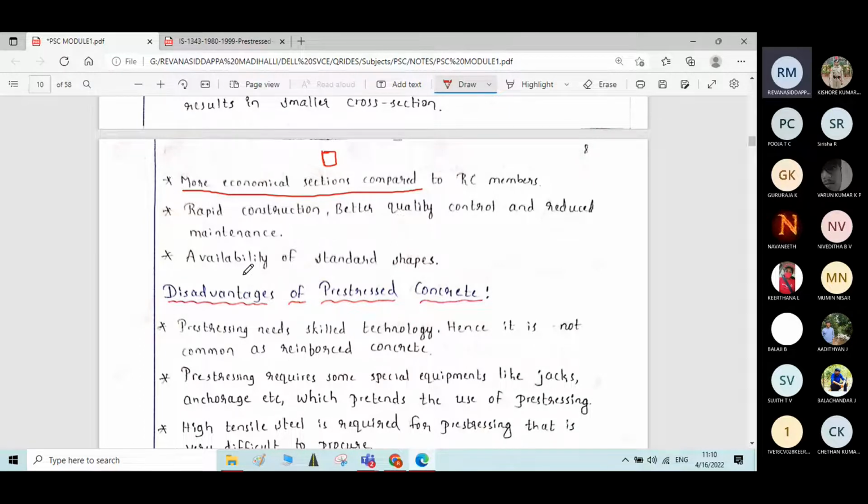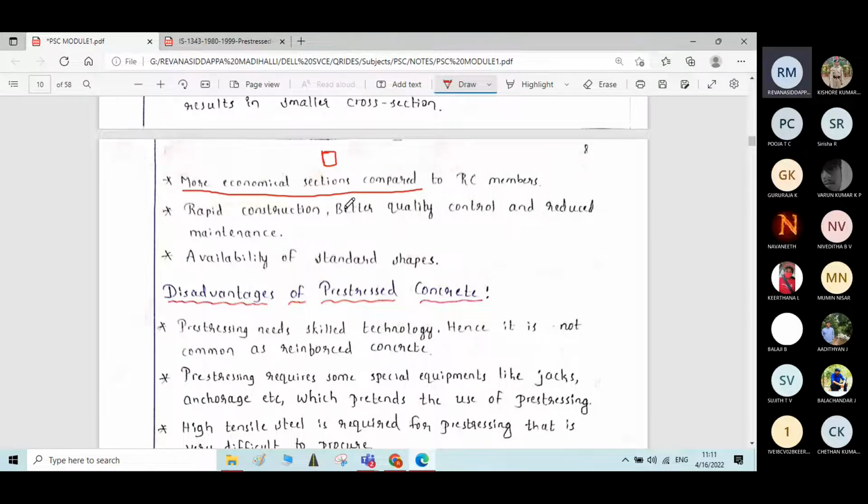You can bring the precast PSC elements from the plant and directly install them, and you have to take some care at the joints between structural elements. That's it. Obviously it will reduce the time. The construction will be rapid, quality control will be good compared to RCC structures, and maintenance cost is also less.